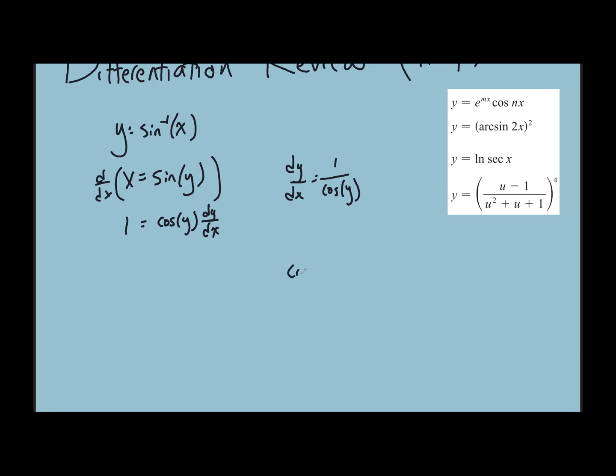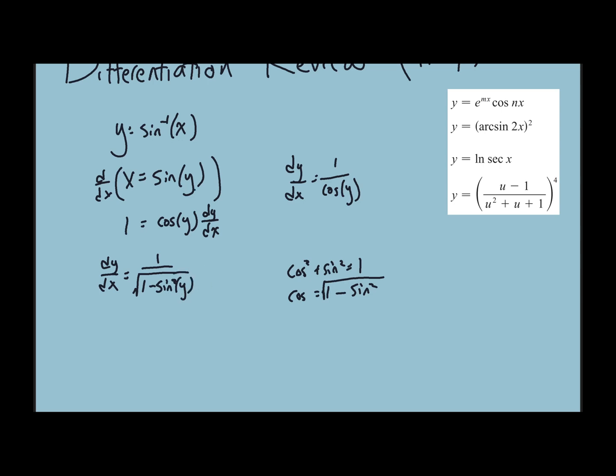And I'm going to remember that cosine squared plus sine squared equals 1. So if I want cosine, you can subtract and take a square root and find that. So what I can say now is that dy dx is equal to 1 over the square root of 1 minus sine squared of y.